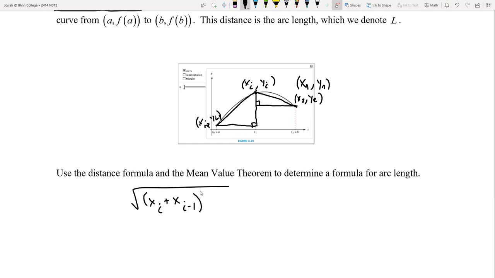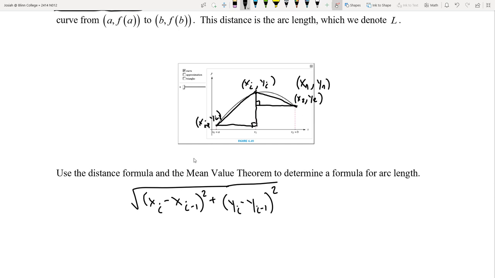Right, distance formula, we find the difference between those and we square it. Plus the distance between the y's. All right, so that's going to be the distance along one hypotenuse.